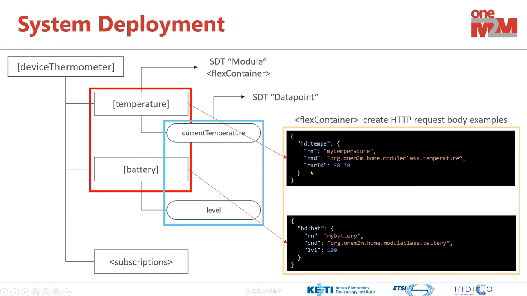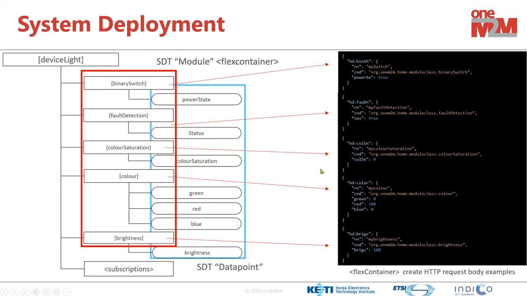The temperature has the current temperature. And lastly, the light has many modules like the binary switch for the actuation, fault detection, color saturation, color brightness, and so on.